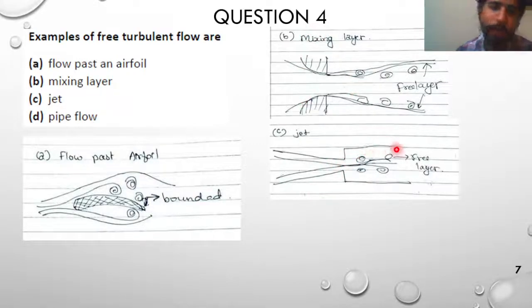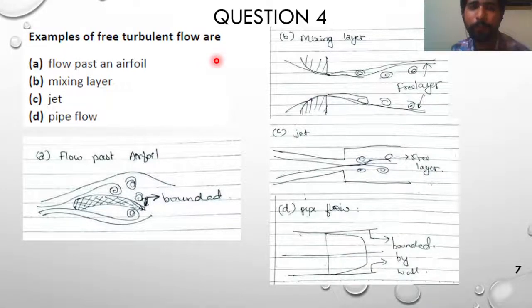You have a free region wherein the fluid can expand after coming out of the orifice. So here also the flow expansion is quite free in nature. The boundary layer can grow freely. That is why this flow is also an example of free turbulent flow.